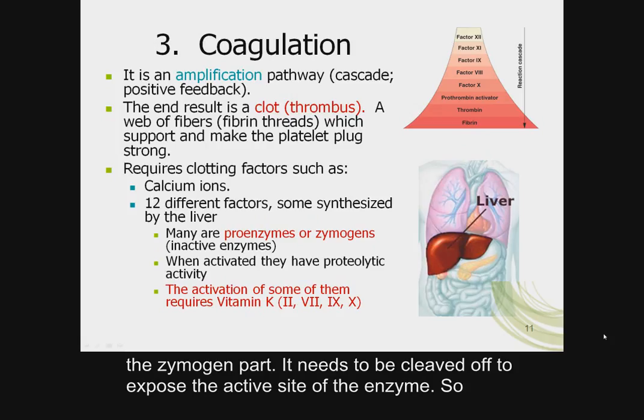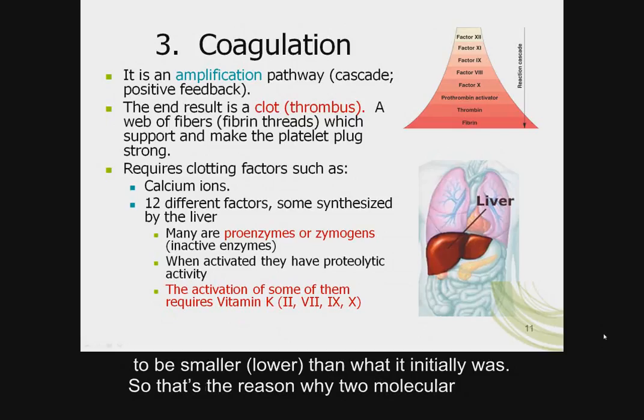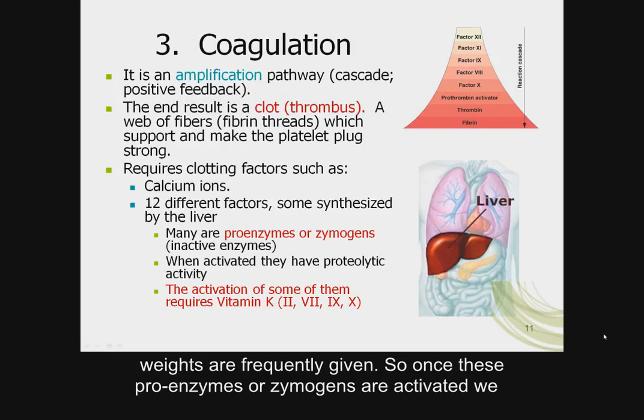It needs to be cleaved off to expose the active site of the enzyme. So once it's cleaved off, of course, that means the molecular weight of the active enzyme is going to be smaller, lower than what it initially was. So that's the reason why 2 molecular weights are frequently given.